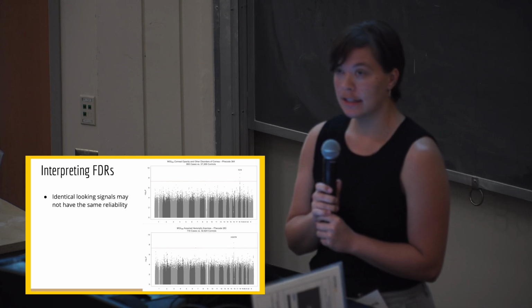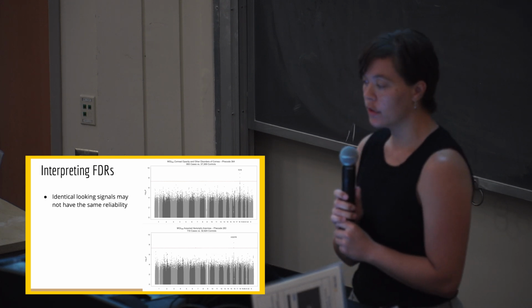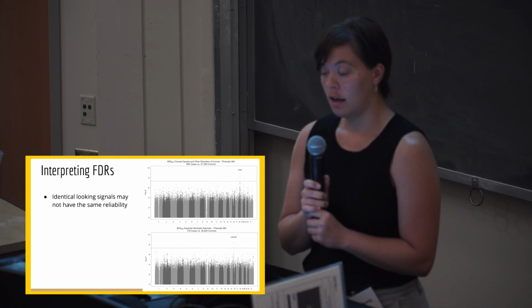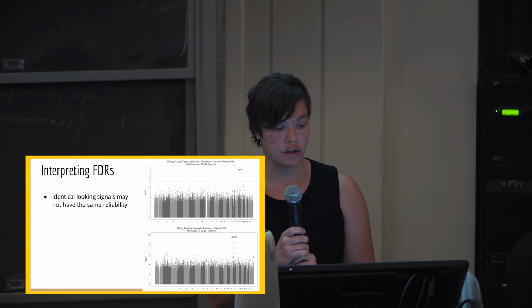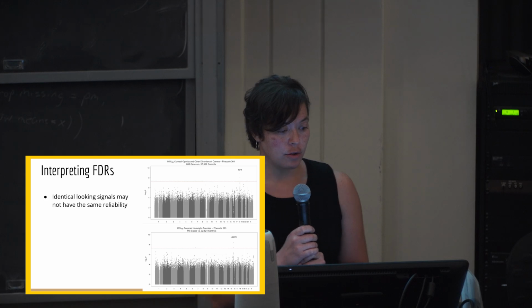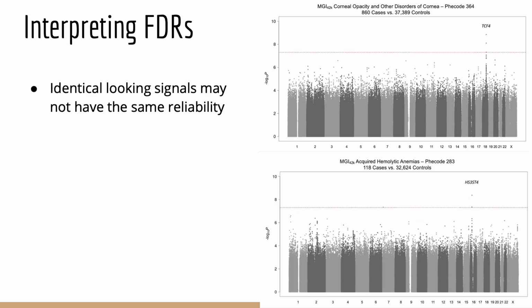Finally, I'd like to think about how this can be useful in interpreting FDRs in a scientific setting. I've presented here 2 different genome-wide association studies from our MGI data, and they look extremely identical if you look at the peaks. We have corneal opacity and disorders of the cornea, and acquired hemolytic anemias.